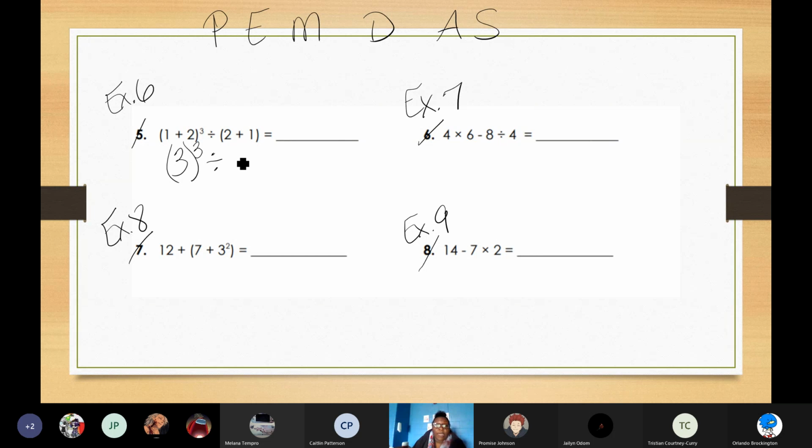What is 2 plus 1? 3. Okay, so now the next thing I have to do are my exponents. 3 cubed, or 3 to the 3rd power, will equal what? Do not say 9. What is 3 times 3 times 3?